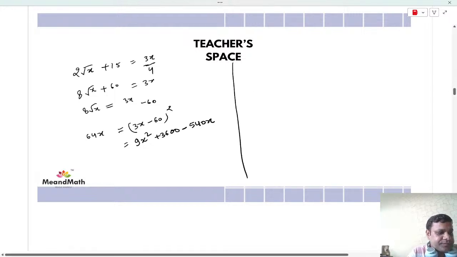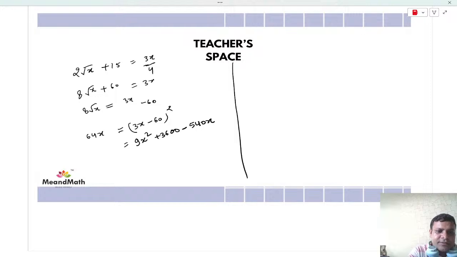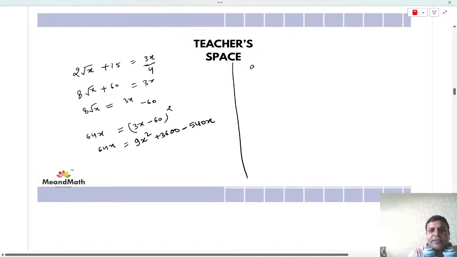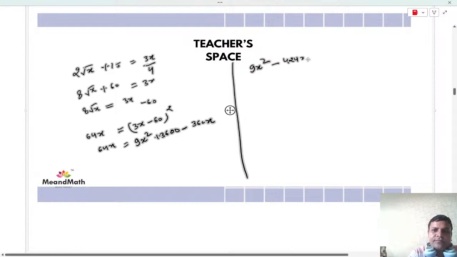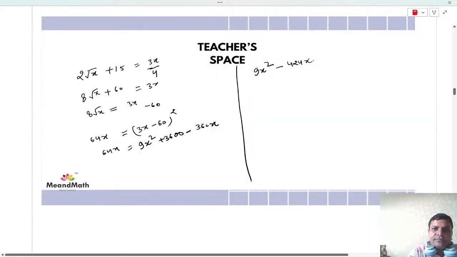Now you can simplify further here. So you will get 9x square minus 360x minus 64x, sorry, it's 360 plus 64, which is 424x, plus 3600 is equal to 0.